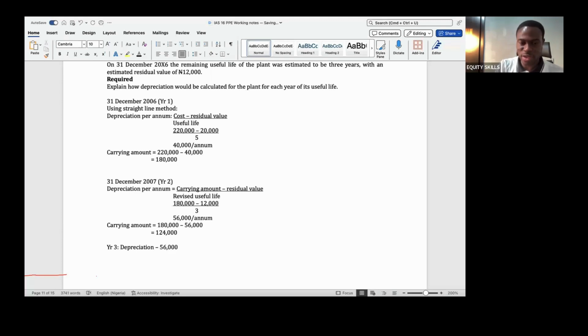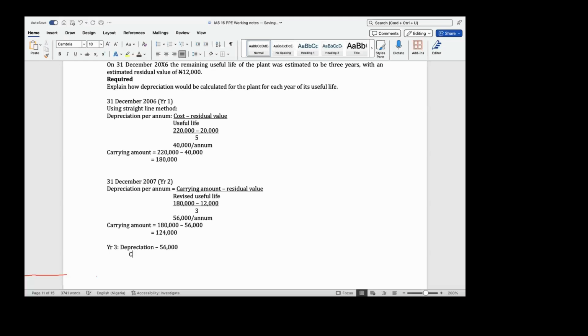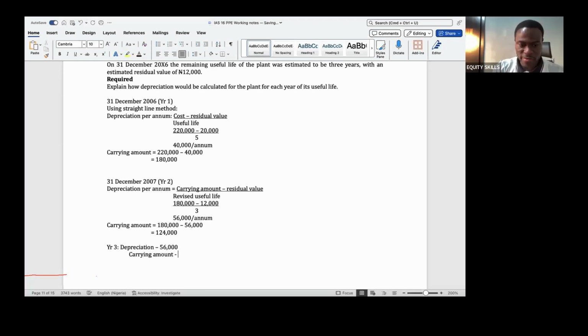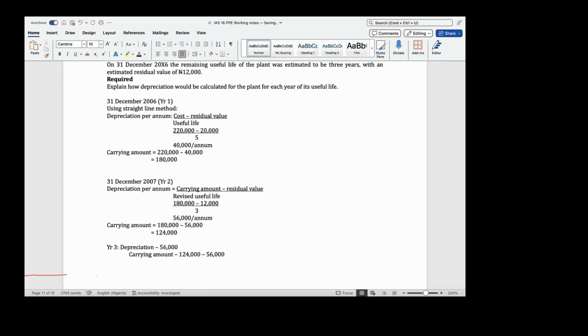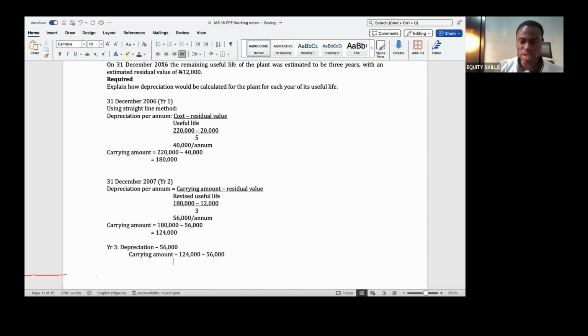It's 56,000 per annum from year 2. So my carrying amount can just be 124 minus 56, which is 68,000.